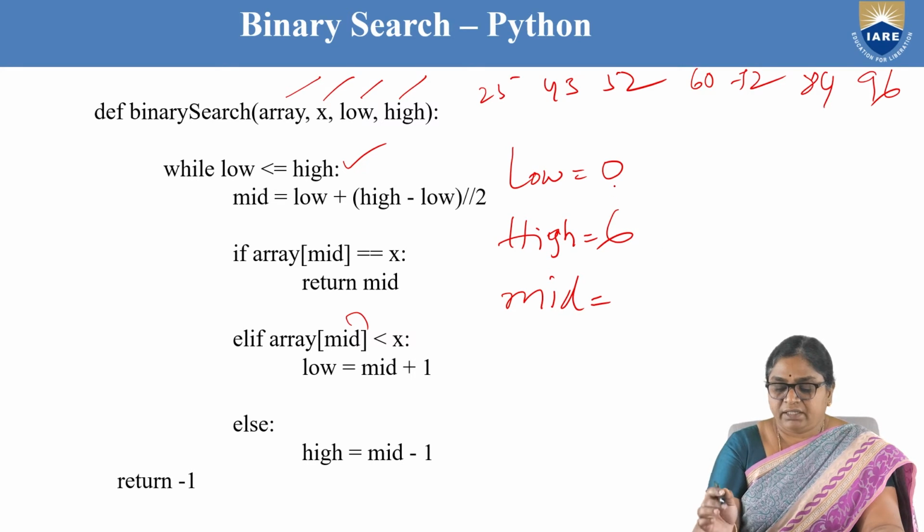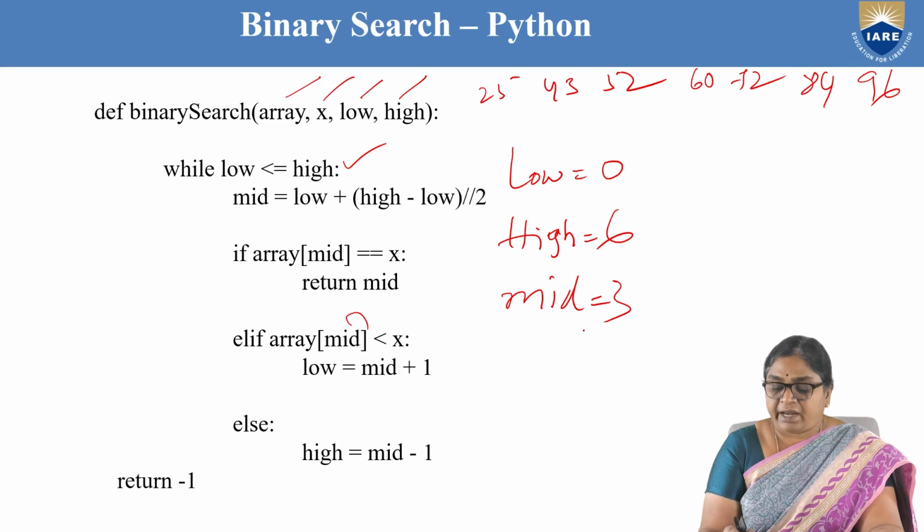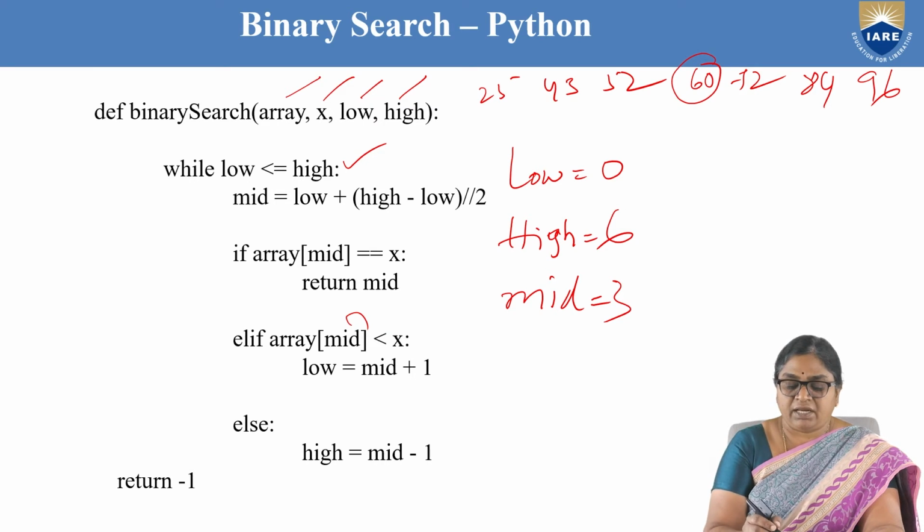So, we are calculating the exact middle point. So, here 0 plus 6 by 2, that is nothing but 3. So, is array of mid is equivalent to x? What is array of mid? Array of 3. What is array of 3? It is 60. Is 60 equivalent to the element x?